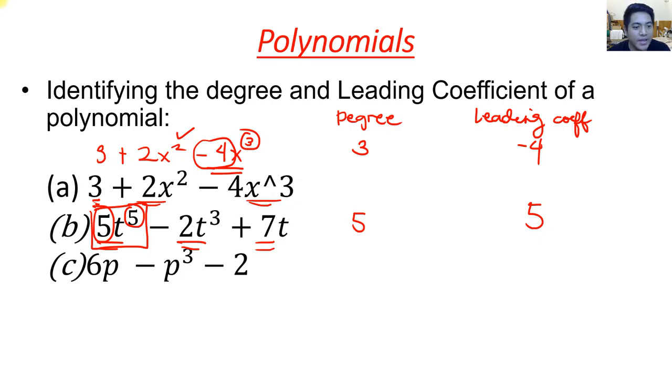For letter C, we have 6p minus p cubed minus 2. We have a cube here, so it is third degree. The leading coefficient is the coefficient of negative p cubed, which is negative 1. So that's how we identify the degree and leading coefficient of polynomials.